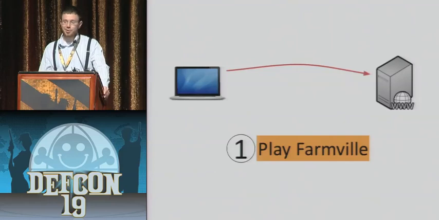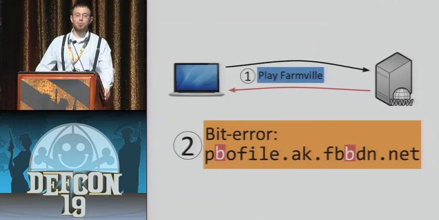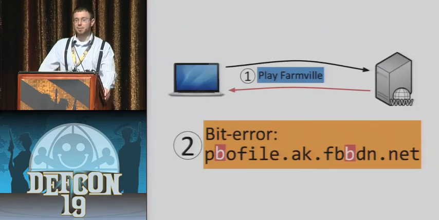Let's pretend you're a user somewhere and you want to go play some Farmville. Then you request some stuff from Facebook, and a bit error happens in either the Facebook or the Farmville servers, and profile.ak.fbcdn.net changes to pbofile.ak.fbbdn.net.